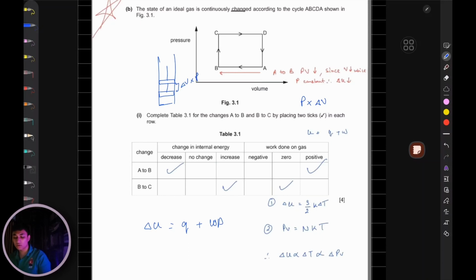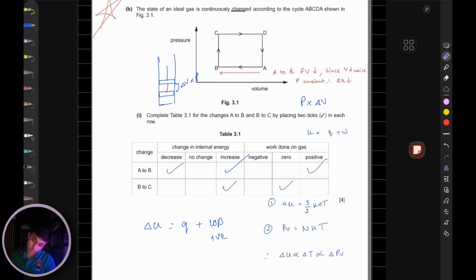You know, from A to B, work done is positive, and the change in state is at constant pressure with the volume decreasing. Now any normal individual would go ahead and say it increases. Why? Because work done is increasing. Therefore, the internal energy is supposed to increase, right?